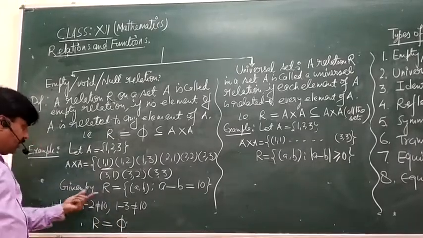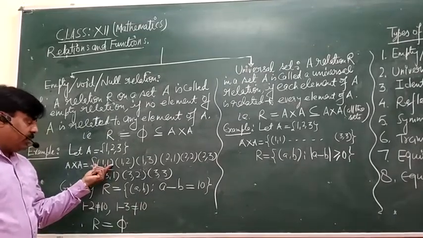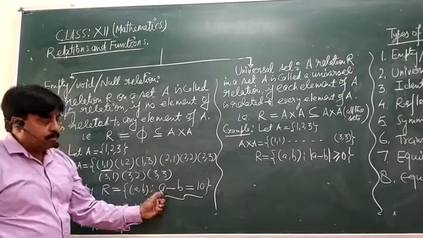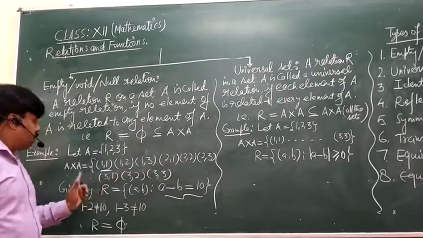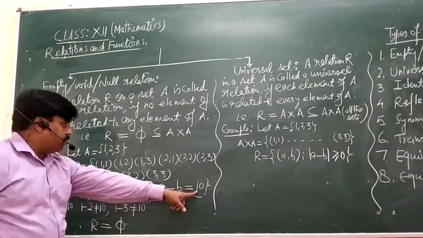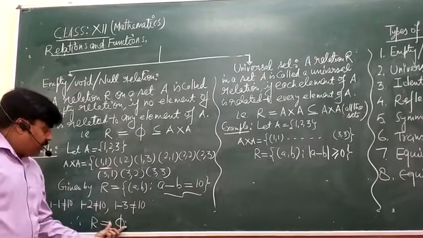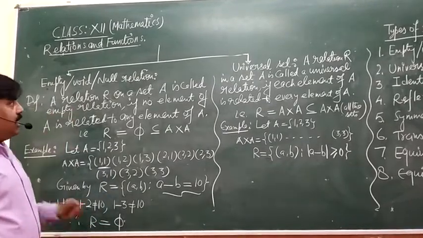In this R you will not get even a single ordered pair which satisfies this condition. None of the ordered pairs in A cross A satisfies this one, so no ordered pair is there, and that is the empty relation.